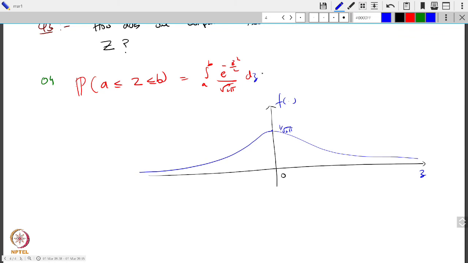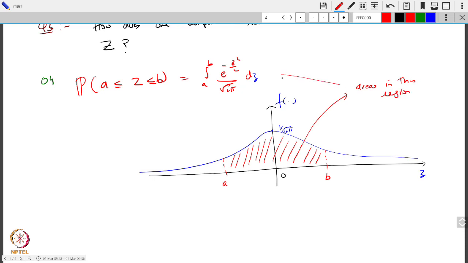So now what is this? Let's say A is here, and let's say B is here. This integral, as you know from 12th class or otherwise, for a non-negative function is just the area under the curve. So this is the area, this region, and by analysis 2, you learn that both these quantities are the same.